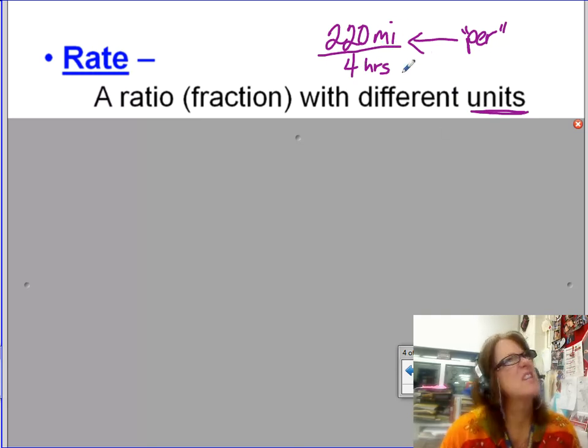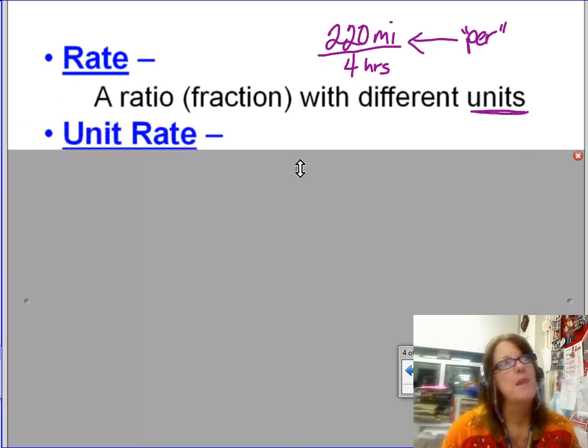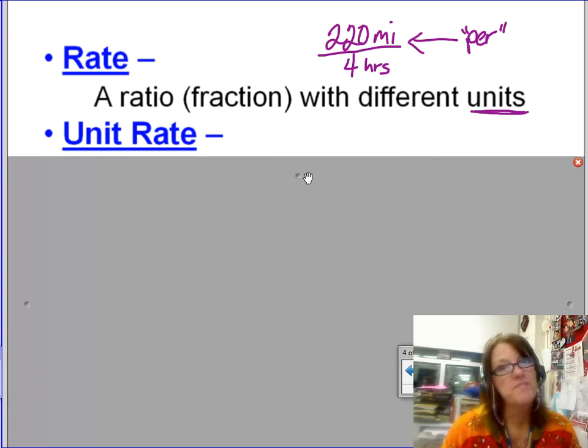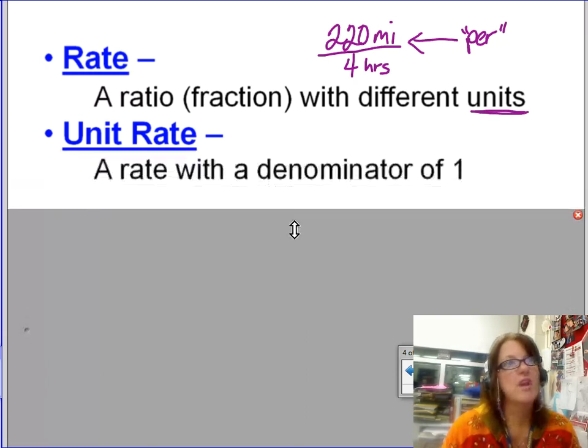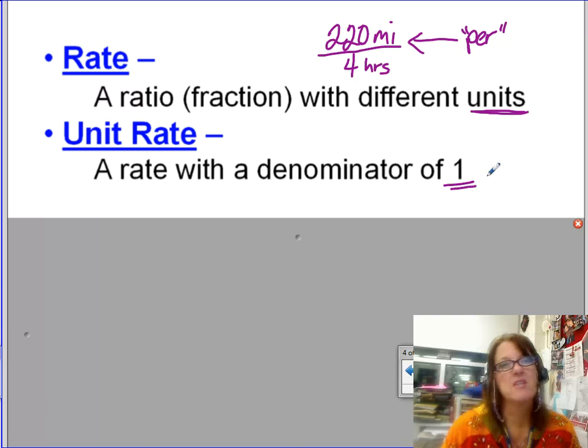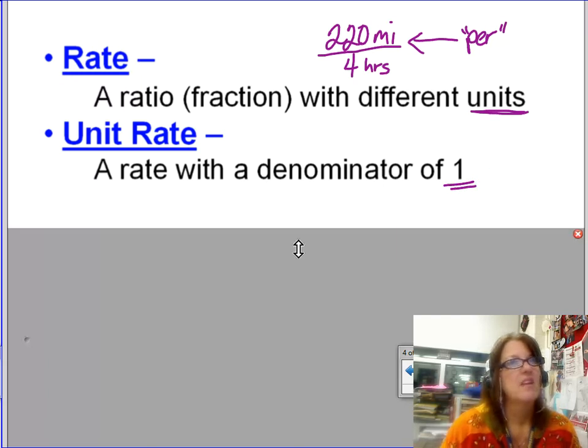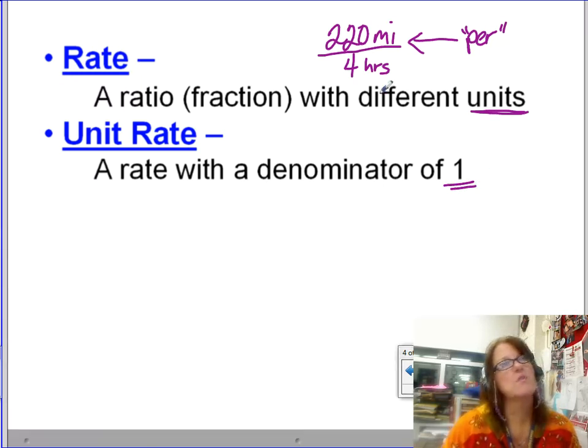Now, in this case, it doesn't really make sense to use the word per. However, a unit rate is a special kind of rate where the denominator is 1. Now, what do I mean by that? Here was my example of a rate, 220 miles in 4 hours. If you grab your calculator and divide 220 by 4, you end up with the number 55.